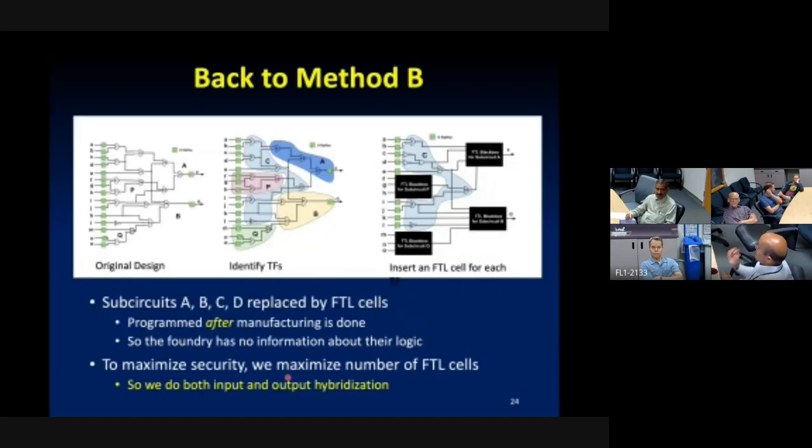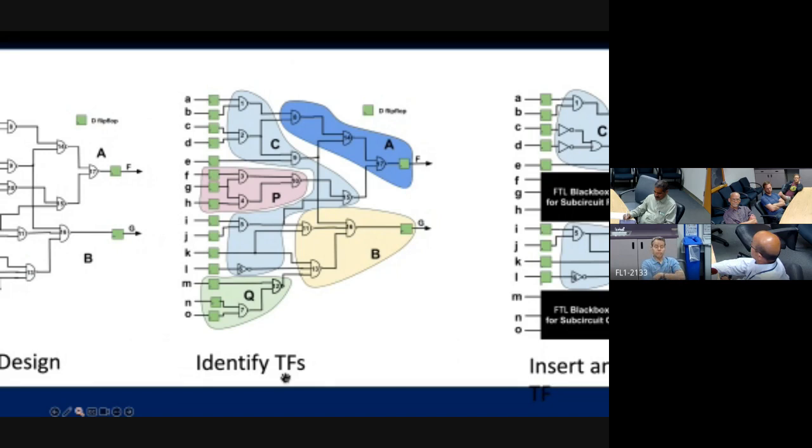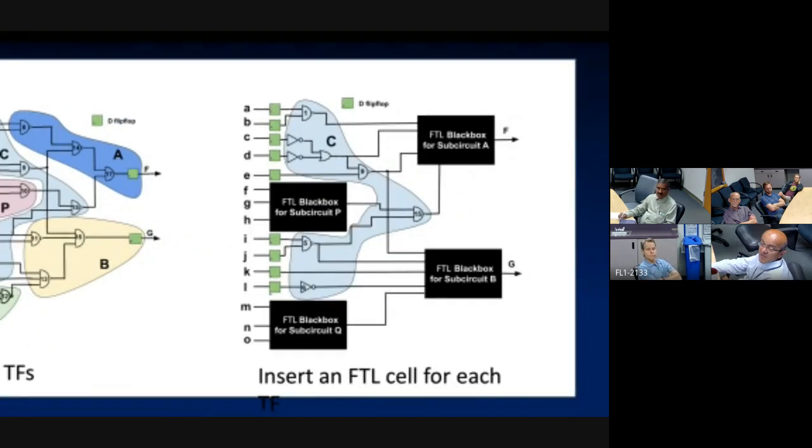We'll go back to that cartoon where we showed method B. We had our original design, identified threshold functions, the A, B's, the P and Q, and then replaced them by FTLs. Well, if we do this like crazy, every opportunity I get, if I replace a sub-circuit by an FTL, guess what happens?